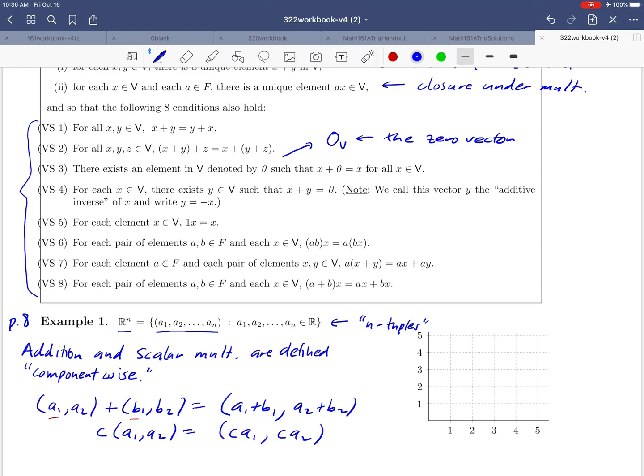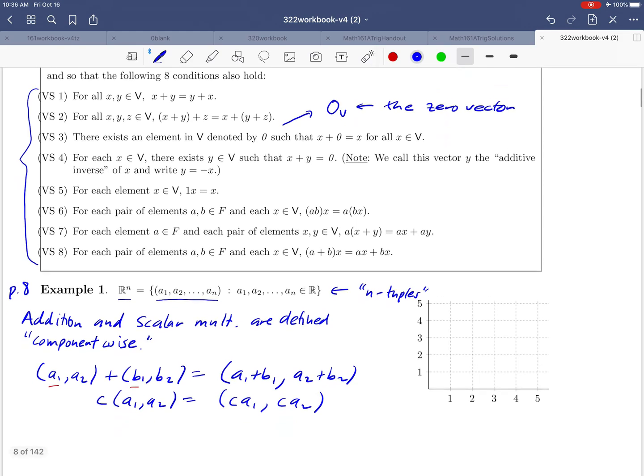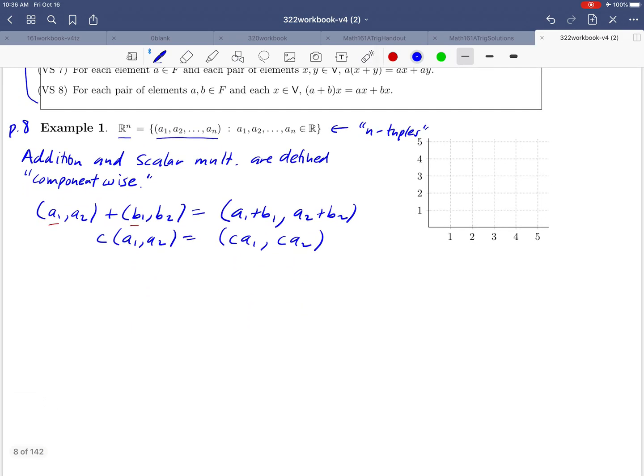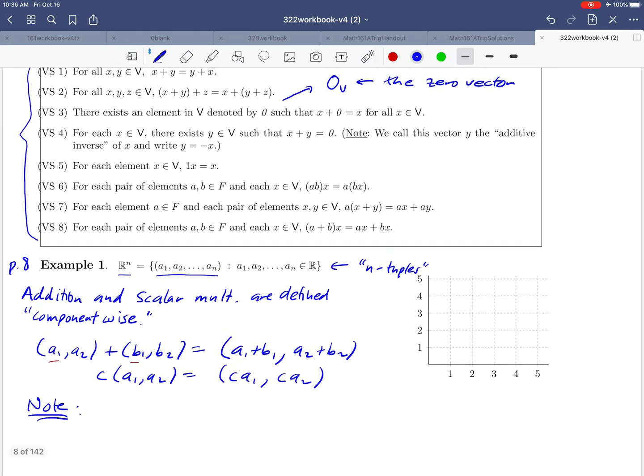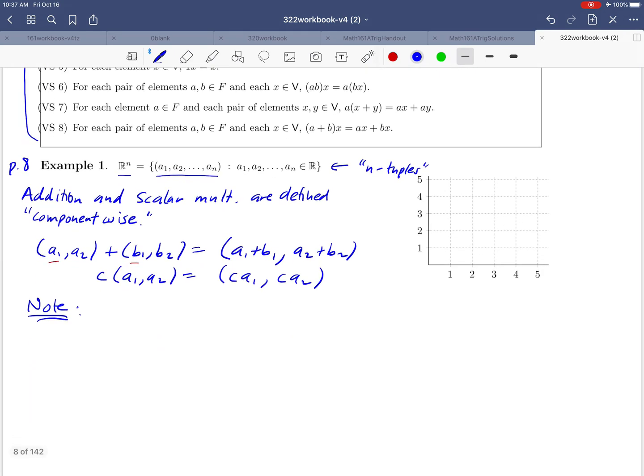From here on out in the course, you can just assume that this is a vector space and use that fact. Okay, well, maybe another comment that we could make here. If this is really a vector space, then there should be a 0 vector. Okay, that was VS3 on our list up here. So what would the 0 vector in R2 be? Well, to figure that out, ask yourself, what would we need to add to a1, a2 to get a1, a2 back again?